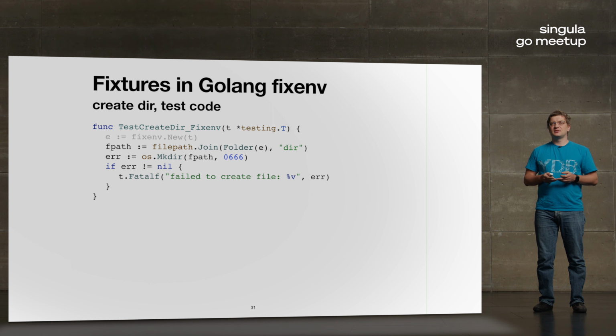If something goes wrong, the fixture will fail the test, and it allows us to avoid boilerplate code to handle errors while we create our test environment. We can write more useful code and less service code.